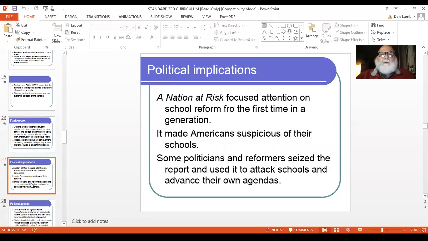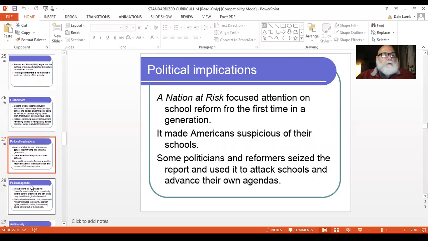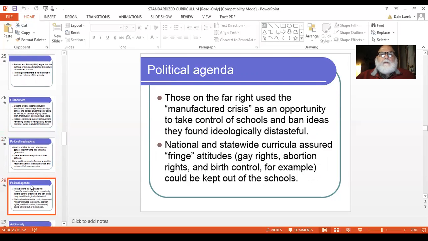Nation at Risk focused attention on school reform. It made Americans suspicious of their schools, but politicians and reformers seized the report and used it to attack schools to advance their own agendas. Those agendas, the far right used it as a manufactured opportunity to take control of schools and ban ideas they found ideologically distasteful.